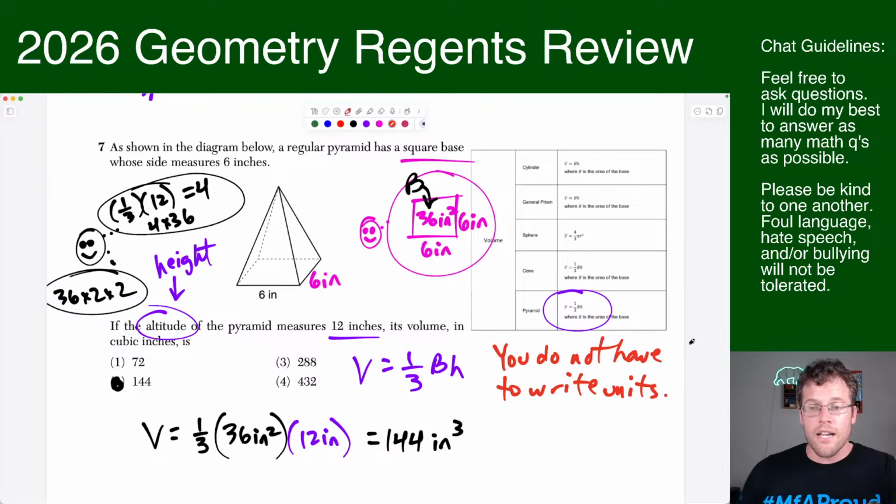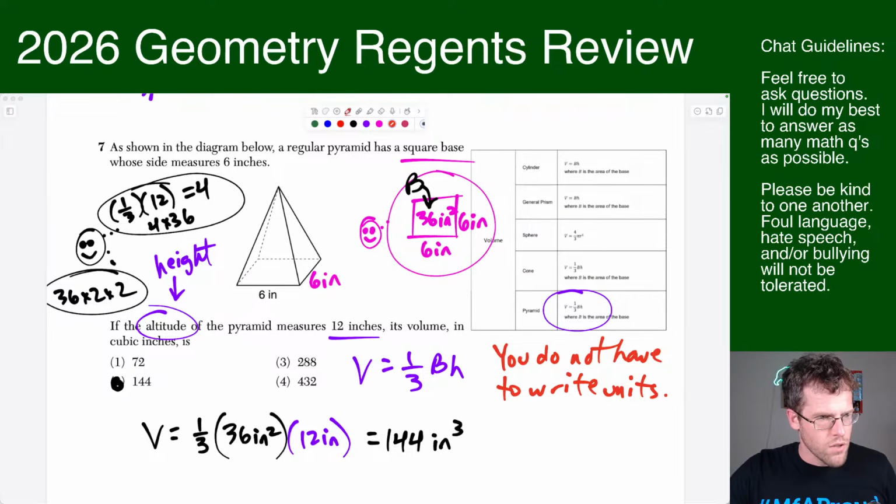If you want to write units because you want the concept, what could go wrong is you write the wrong units and lose points. But if you don't write the units, no harm, no foul.